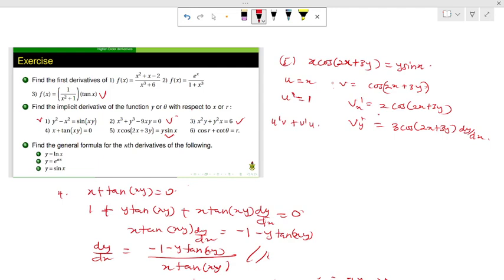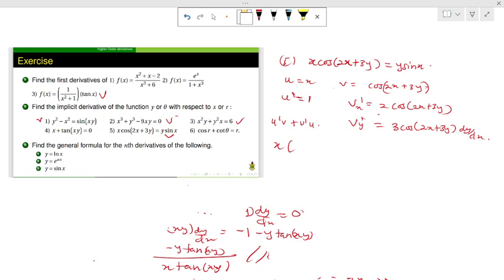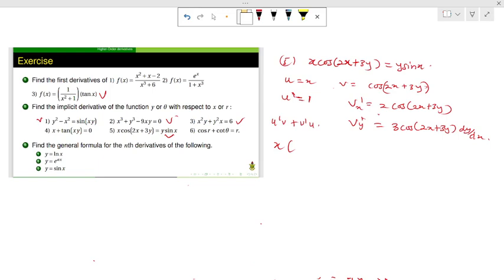For x to vx, I'll have x multiplying 2 cosine of the expression 2x plus 3y, plus, when I differentiate x, I'm getting 1 multiplying the v itself, which is cosine of the expression 2x plus 3y.